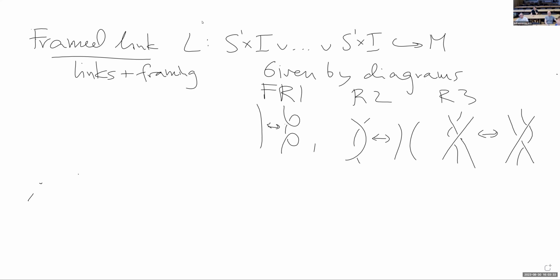And then, so it's not a big deviation from classical knot theory. And then Kauffman proved the following. It turns out that those framed links are very useful for what he did.